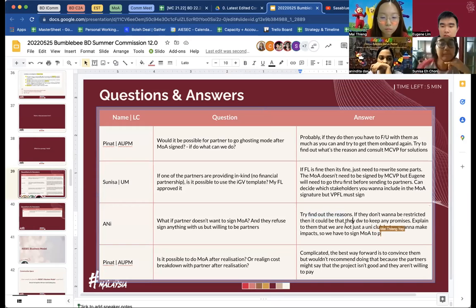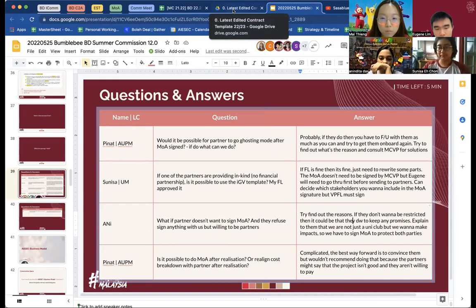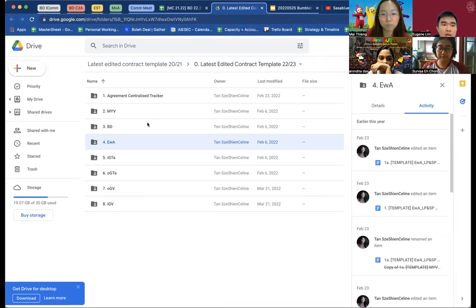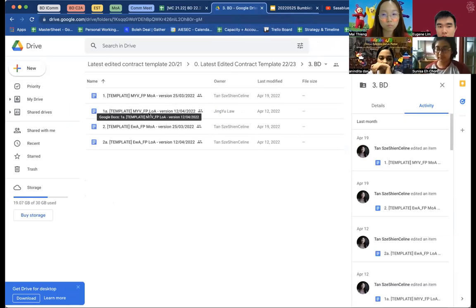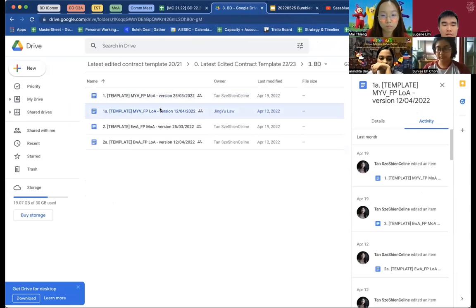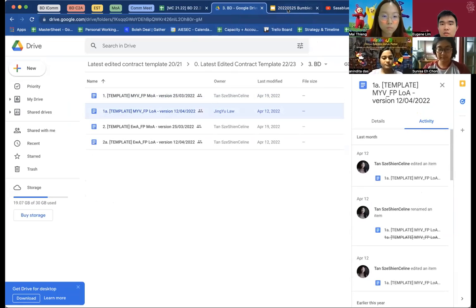If you don't want to say protecting, you can let them know it's part of the process for us to work on things. For some organizations or certain conditions, if we didn't go with an MOA, it is possible that we go with an LOA, a letter of agreement. That one wouldn't be downscaled here, but the concept is similar to an MOA, just a shorter, more simplified version. However, the legal power isn't as strong as an MOA.